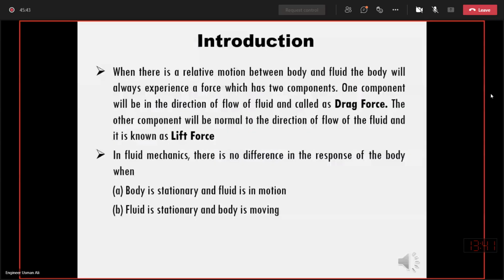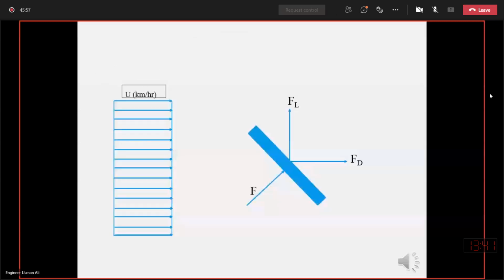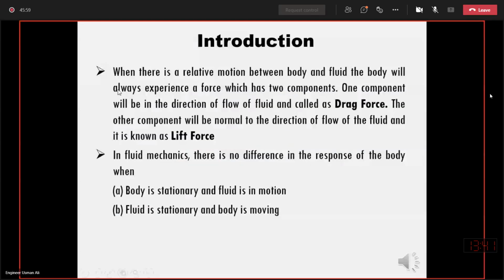On the other hand, we can have a scenario when the fluid is moving and the body is at rest. Like you want to model some aeroplane, a train, or some other such objects or bodies, and you place it in wind tunnels, etc. Or likewise in the case of a submarine, you place it maybe in a basin or water reservoir at laboratory scale.